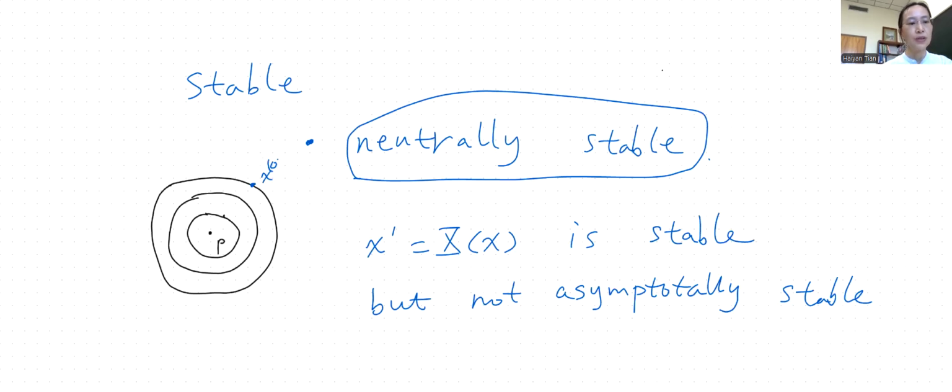When the initial data is this close to P, the overall solution curve is also close enough to P. So it satisfies the definition for a system to be stable.